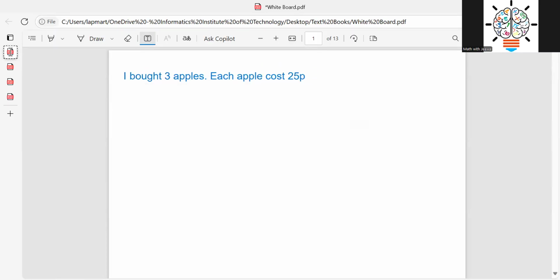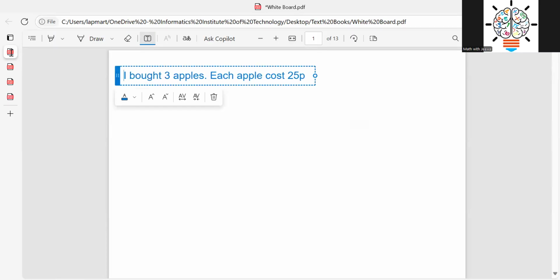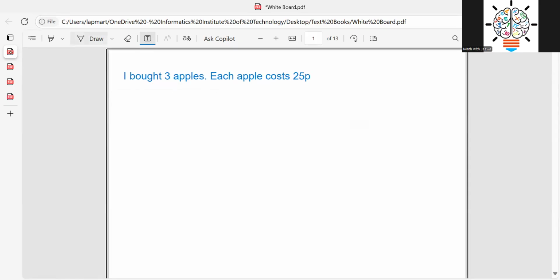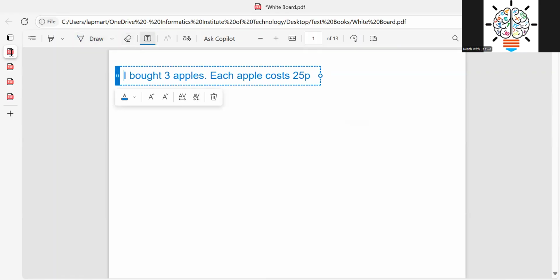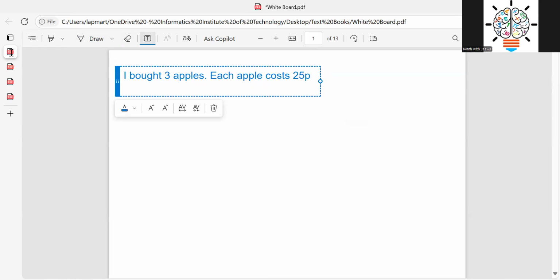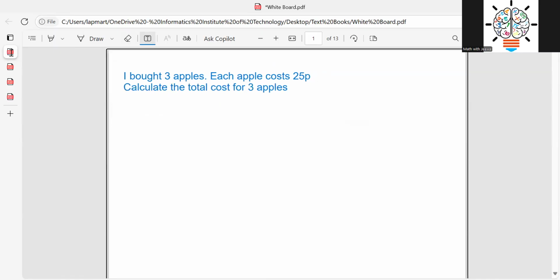Each apple costs 25. So how am I going to get the answer? Here I can modify: what's the total cost? Calculate the total cost for 3 apples, right? So this is what we want to find.